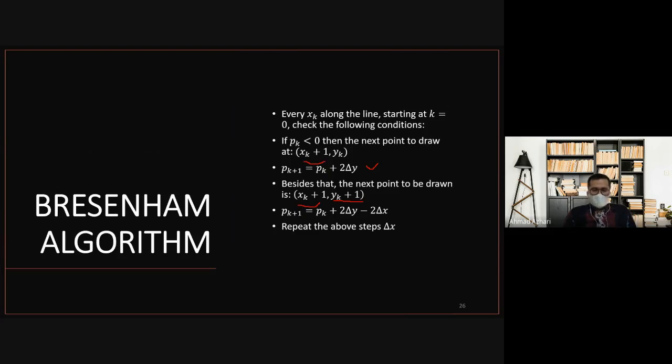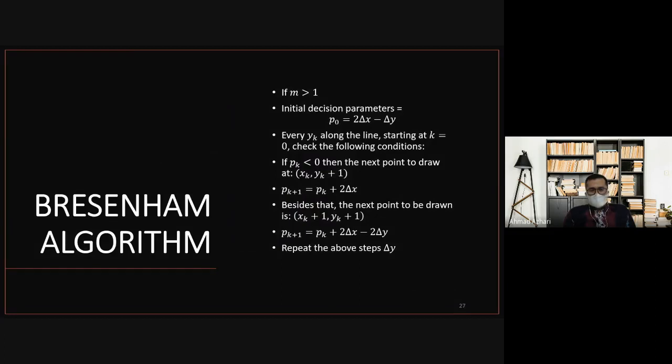And the next p is the current p plus 2 delta y minus 2 multiplied by delta x. And you repeat the above step delta x times. And we are using the m parameter, the m value.